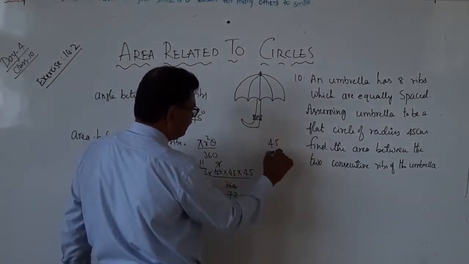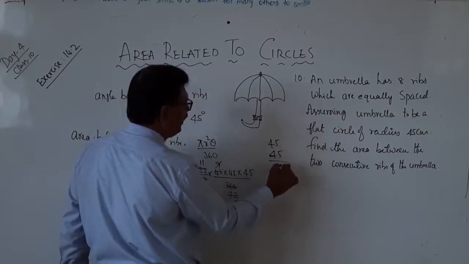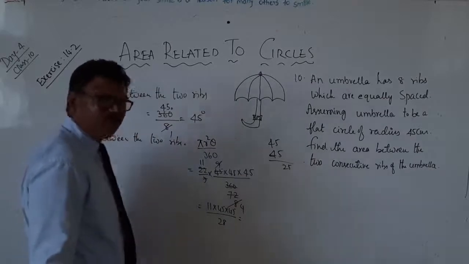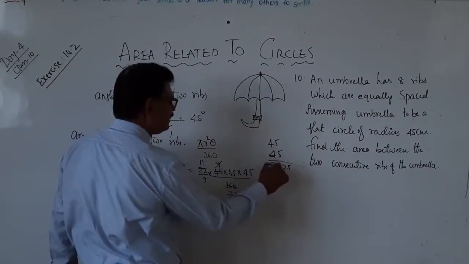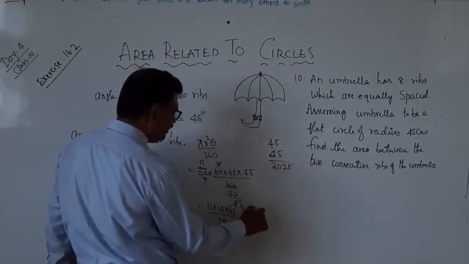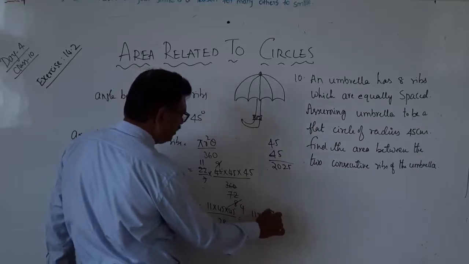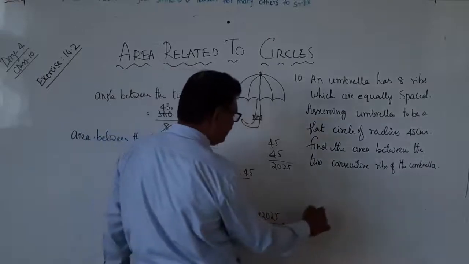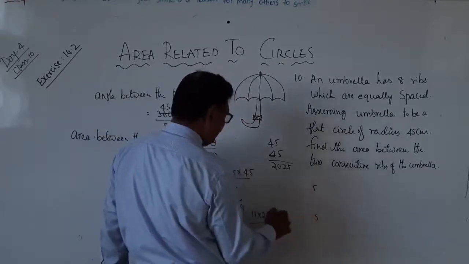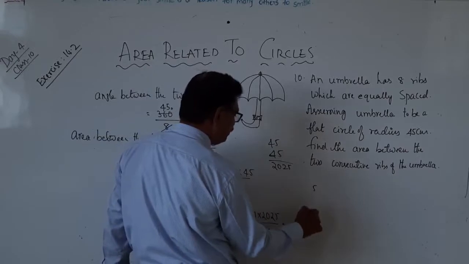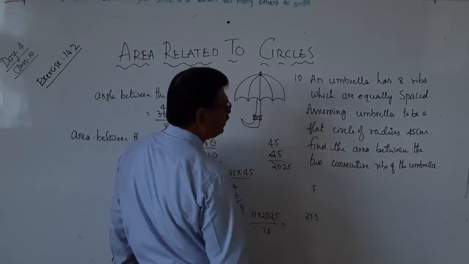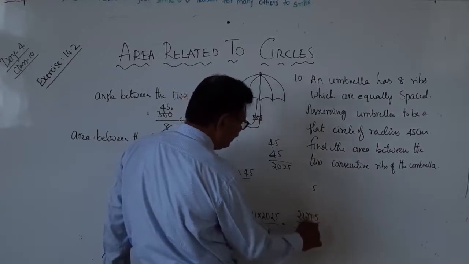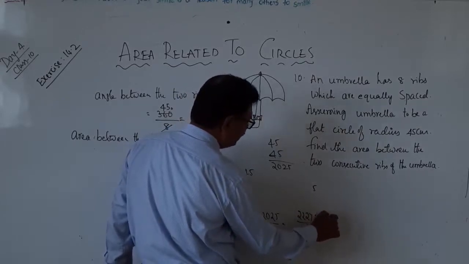Very simple. 5 into 5 is 25, you write like this. After 4, what will come? 4 fives are 20. That's all. Therefore 11 into 2025 divided by 28. 11 fives are 55, 11 twos are 22, 27, and again 11 twos are 22, 20 divided by 28 centimeter square.